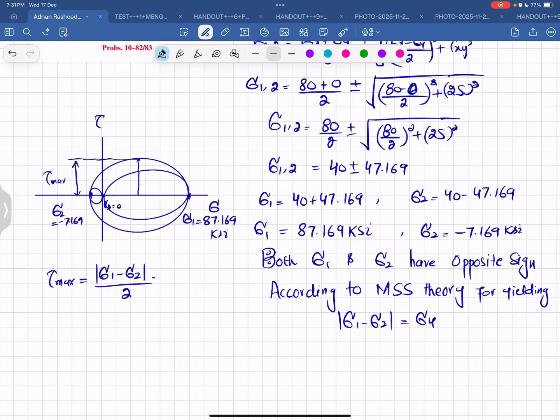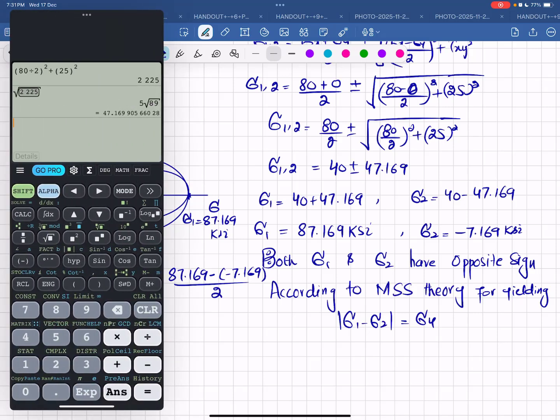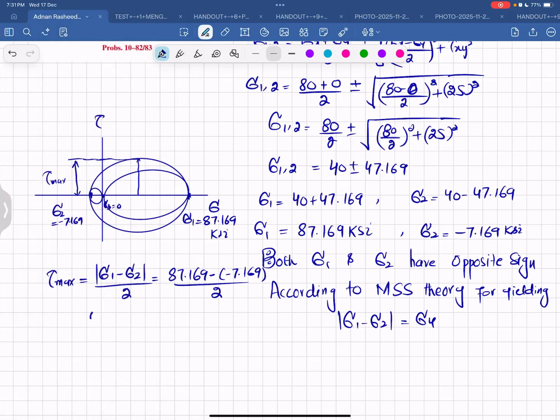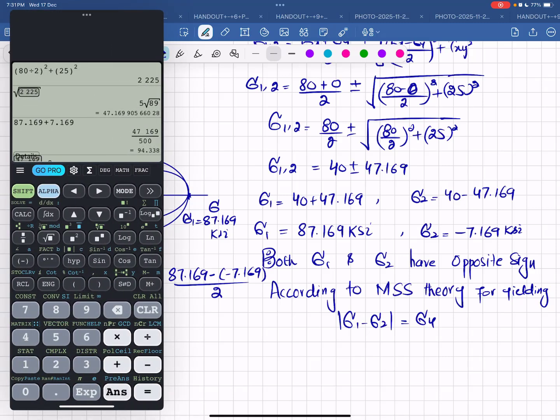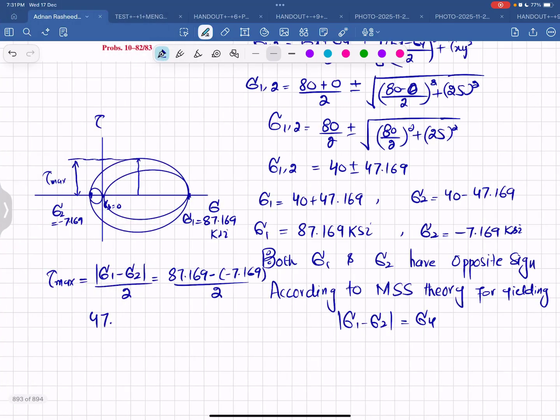Clear? So sigma 1 minus sigma 2 will give you how much? Sigma 1 is 87.169 minus minus 7.169, divided by 2. So I will get 87.169 plus 7.169, divided by 2, which will give you 47.169.